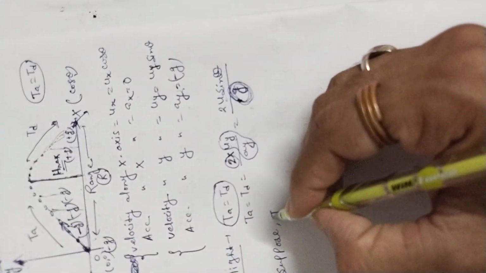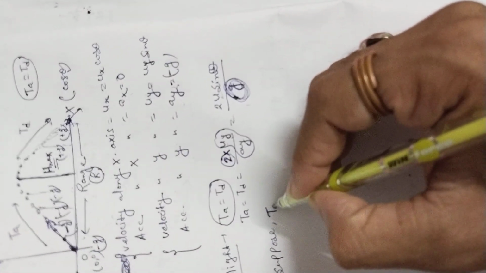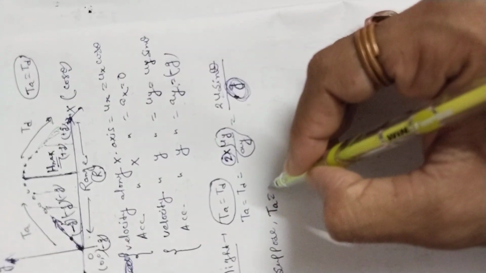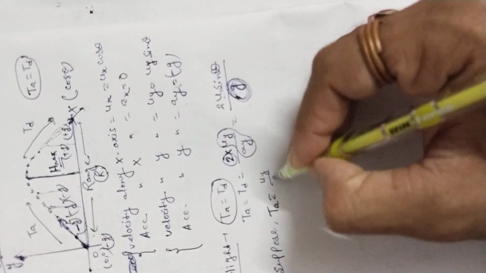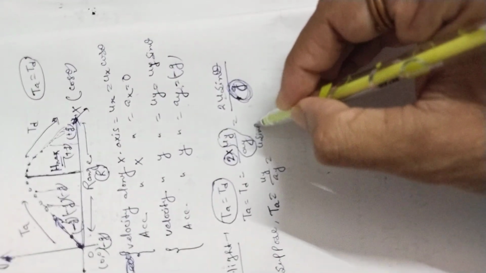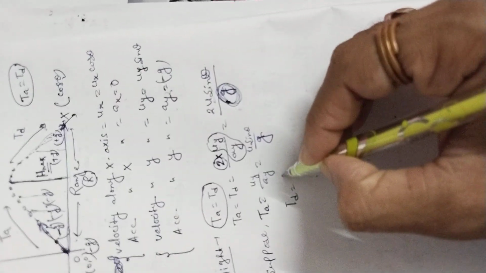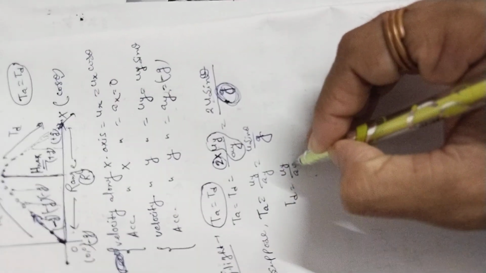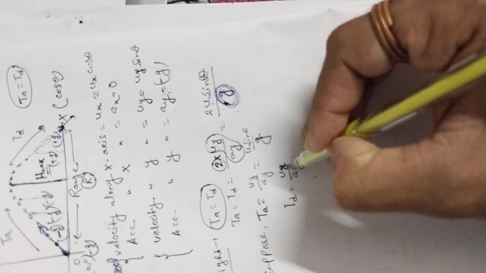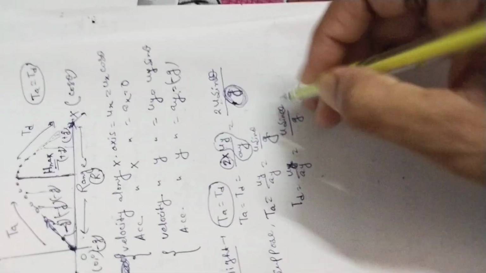Suppose they ask what is the time of ascending. So ta equals uy by ay, so u sin theta by g. Or time of descending is uy by ay, so u sin theta by g.